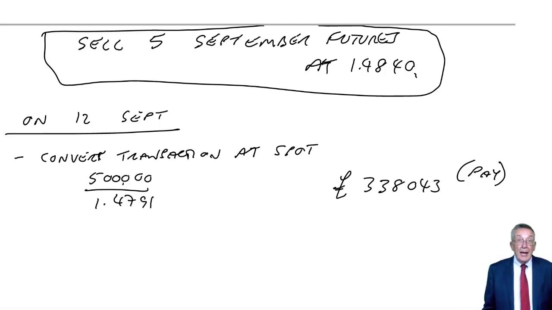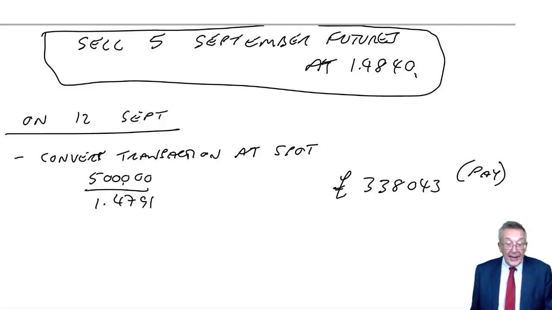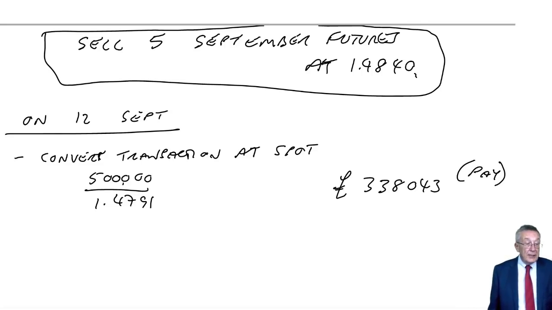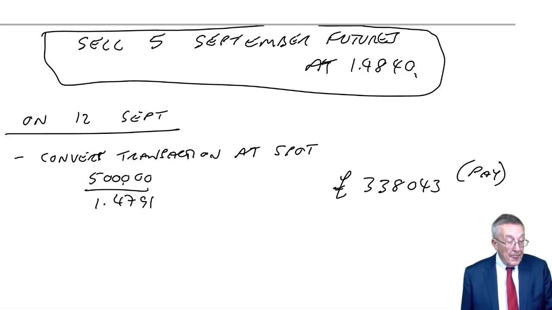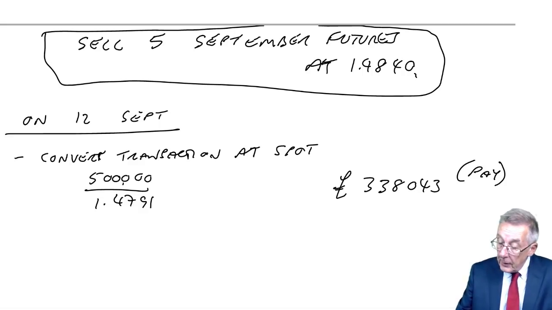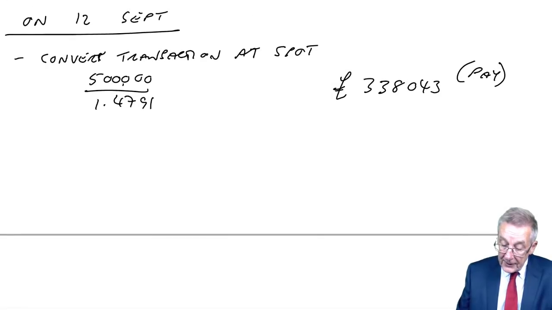So no problem there. We'll look back later. Well, I'm not worried actually whether we made a gain or a loss, I don't care. Here, in fact, it's moved against us. We're ending up paying more than we would have done had we done it today. However, we also need to know the profit or loss on the futures.